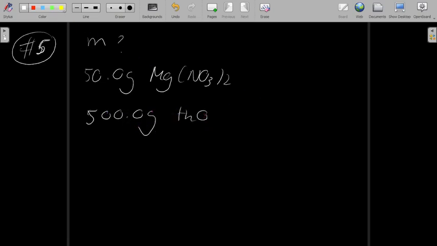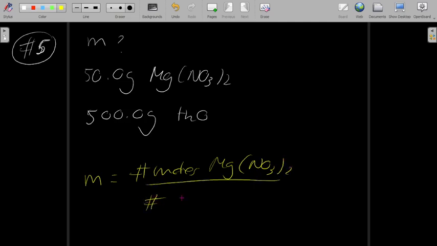Okay, well, remember what molality is. Molality equals the number of moles of our solute. What is solute here? The magnesium nitrate divided by the number of kilograms of our solvent, which is water.